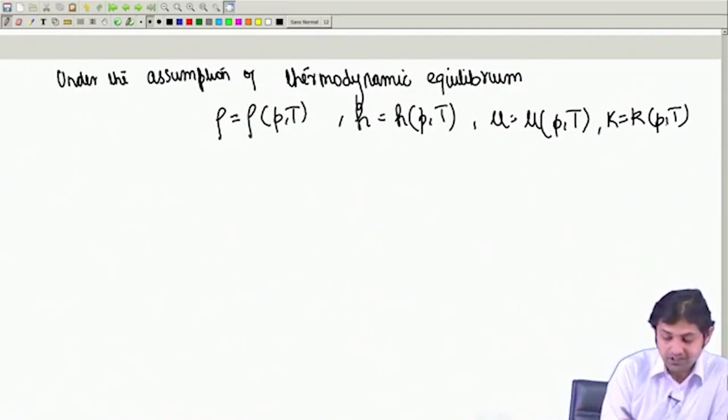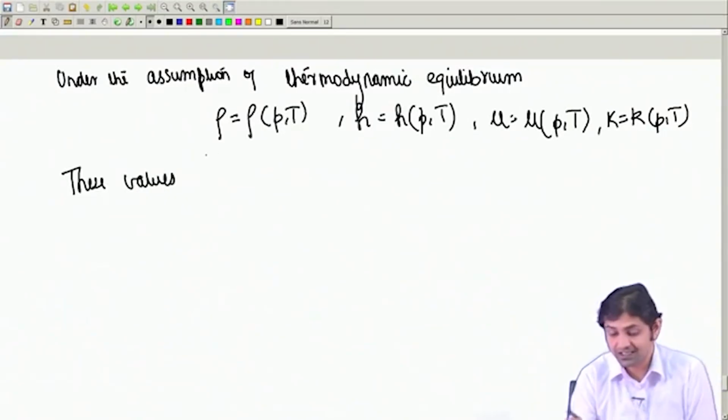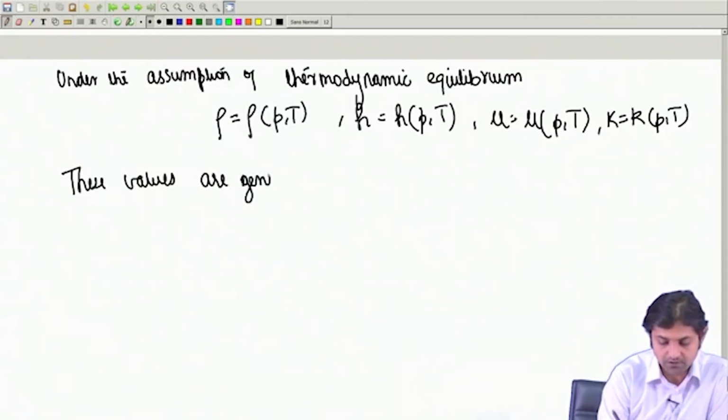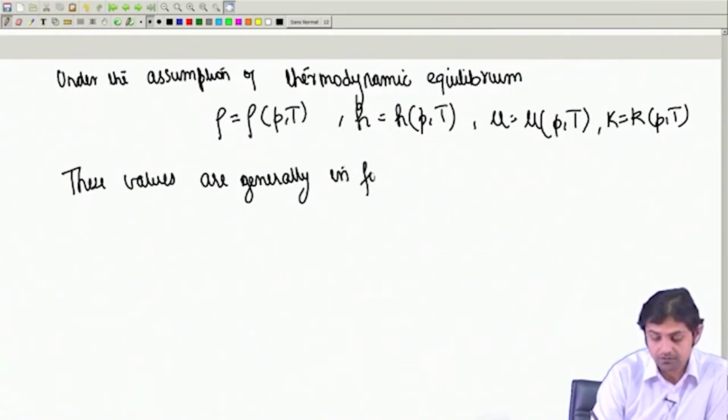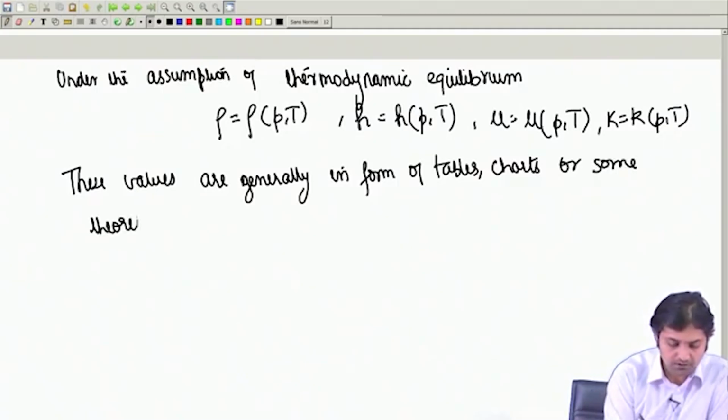All right. So which values? These values, rho, H, mu and K, are generally in the form of tables, charts or some theoretical formula.